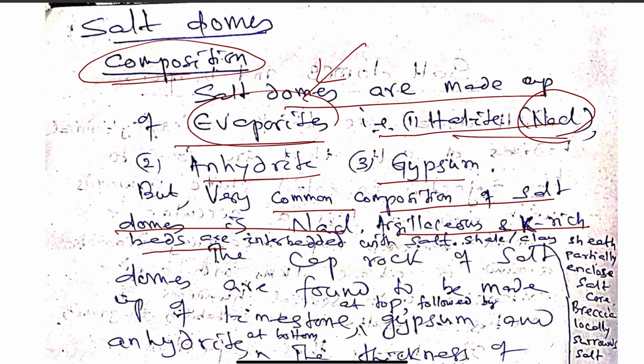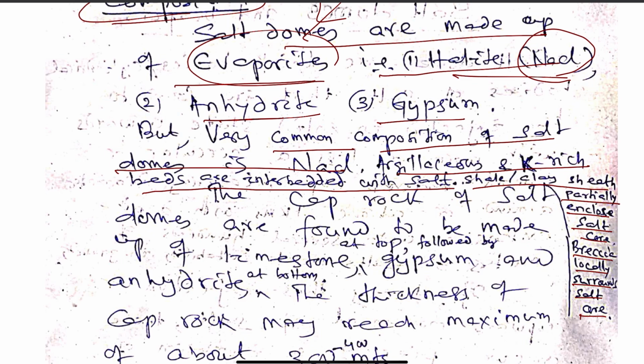Argillaceous and potassium rich beds are found interbedded with salt. And shale and clay layers, a clay sheath, may be found to partially enclose the salt core. And also, breccia locally surrounds the salt core.